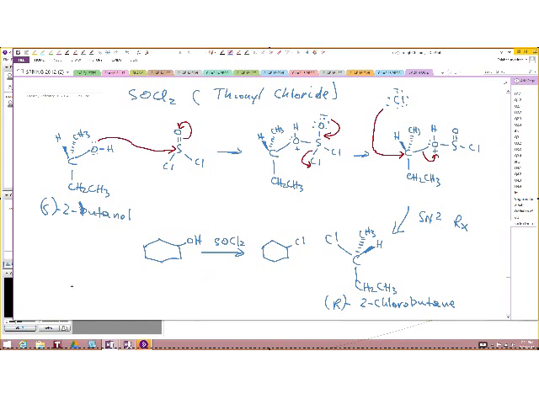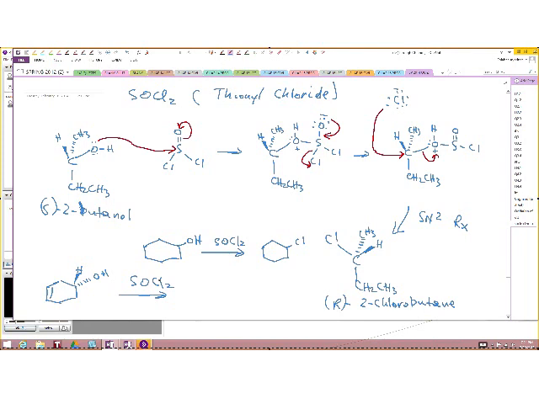If on the other hand, we have this, in which we are showing stereochemistry, and then we say, what is the product of this reaction?